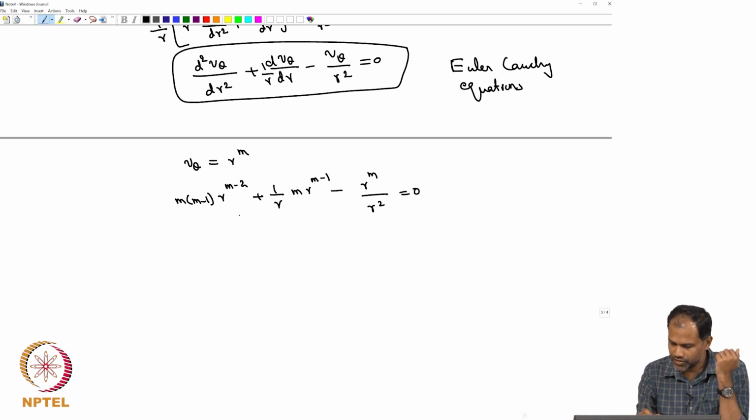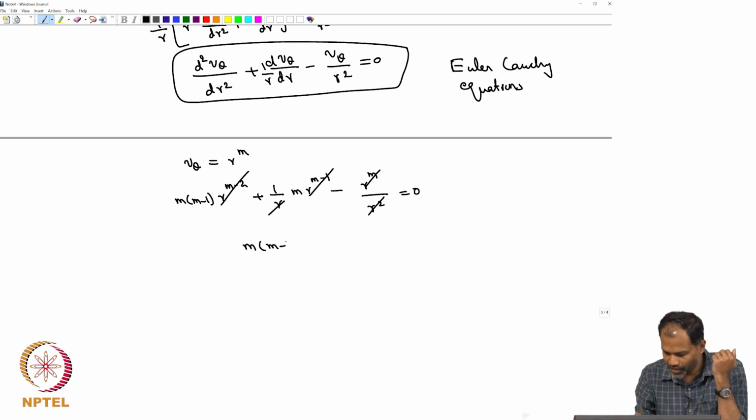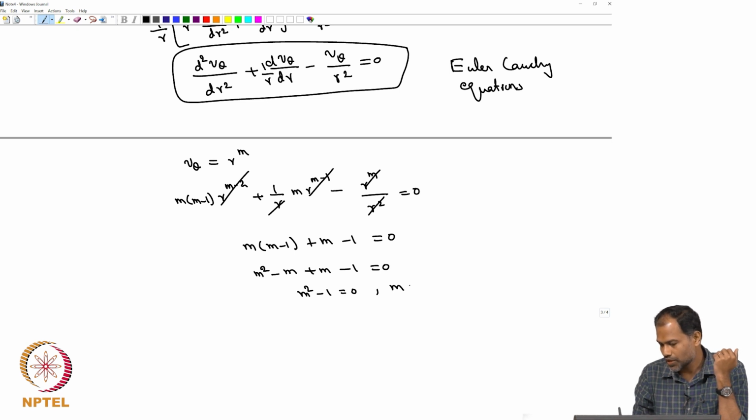So, if I cancel all the r to the power terms, I have m into m minus 1 plus m minus 1 is equal to 0. That is m square minus m plus m minus 1 is equal to 0, m square minus 1 is equal to 0, or m is equal to plus or minus 1.